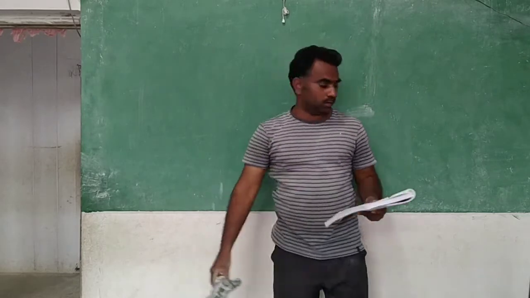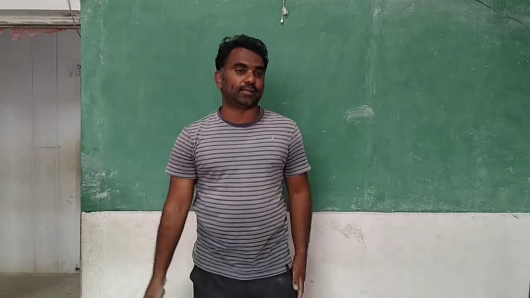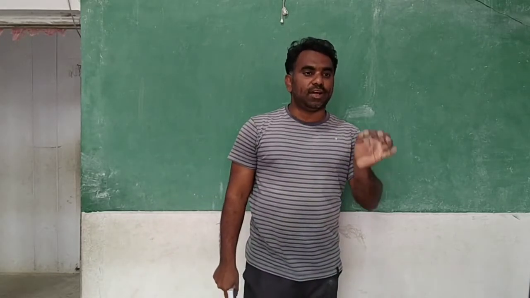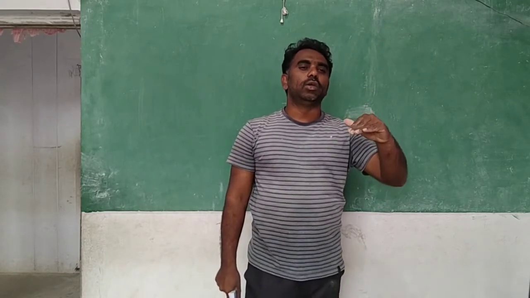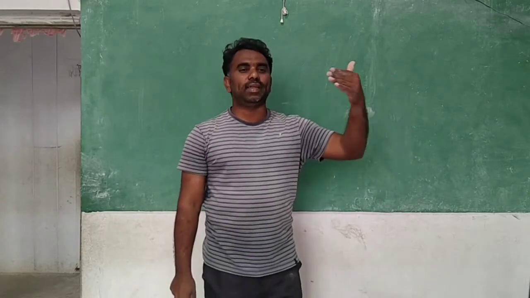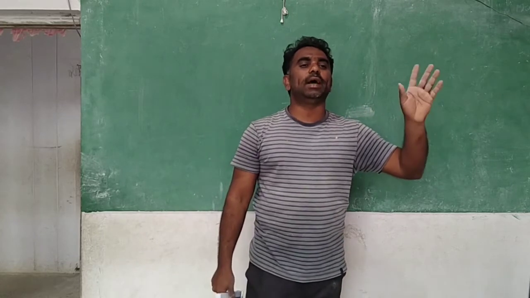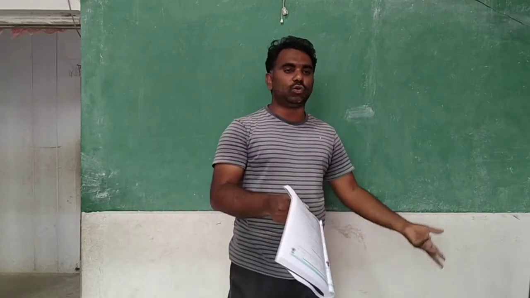Okay, next one is on page number 53. Try this. All the fractions we write in the form of numerator by denominator. The numerator is denoted as W1 and the denominator as W2. The question asks you to write 5 fractional numbers and identify W1 and W2.